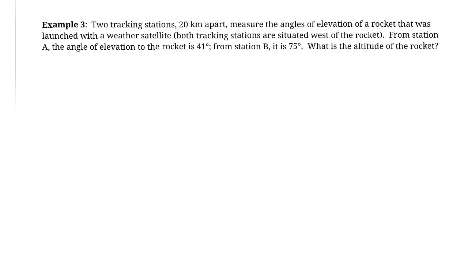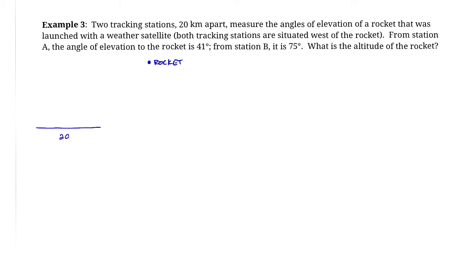And here's another example. Two tracking stations are 20 kilometers apart. They measure the angle of elevation of a rocket that was launched with a weather satellite. Both tracking stations are situated west of this rocket. So suppose the rocket is here, and we have our two stations that are west.